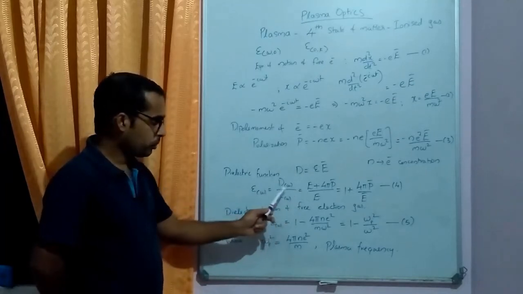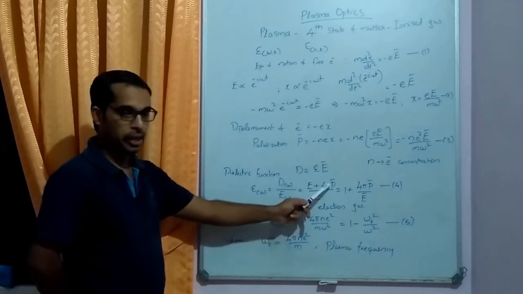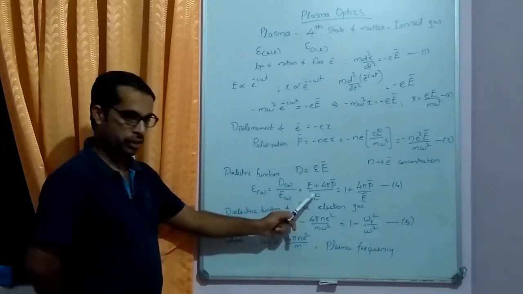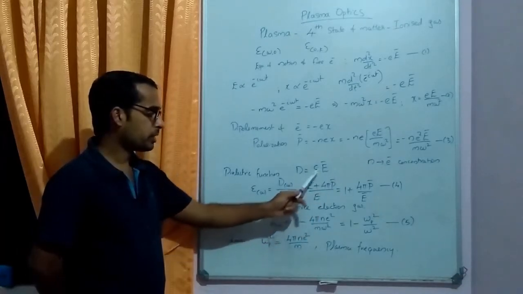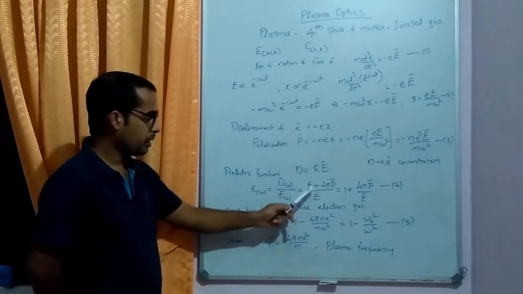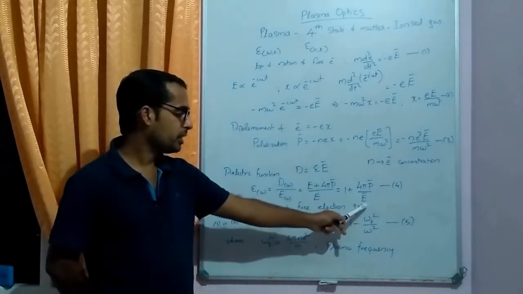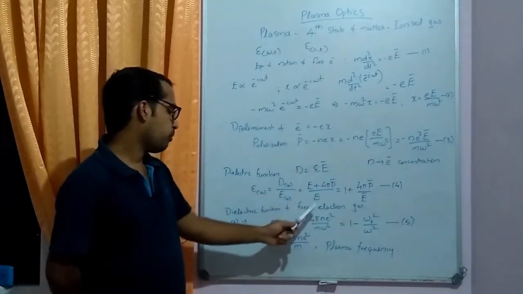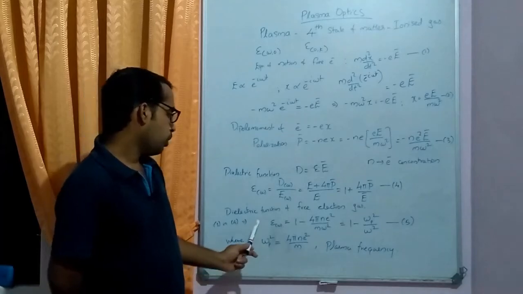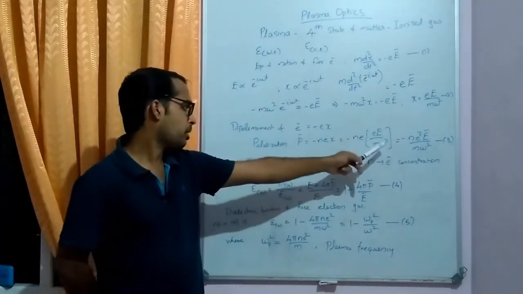So this is equal to 1 + 4πP/E. This is the dielectric function of a free electron gas. Now we substitute for P from equation number 3.